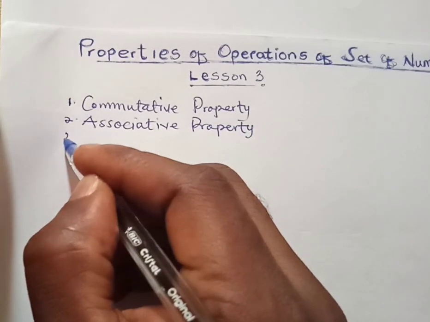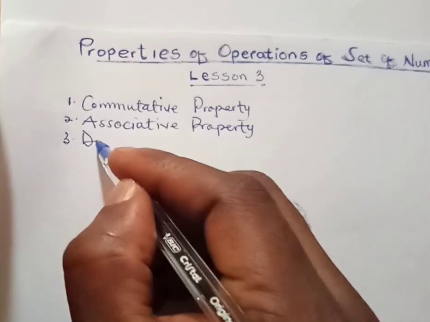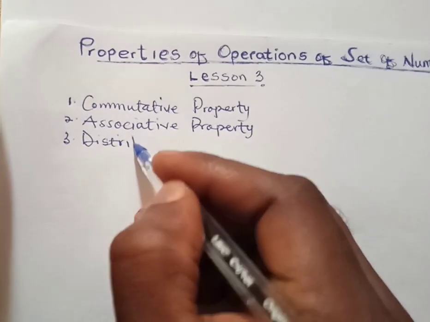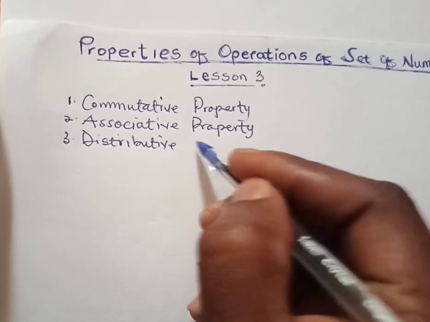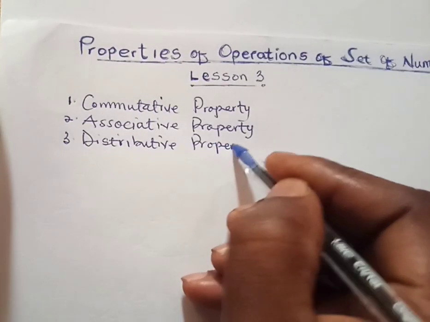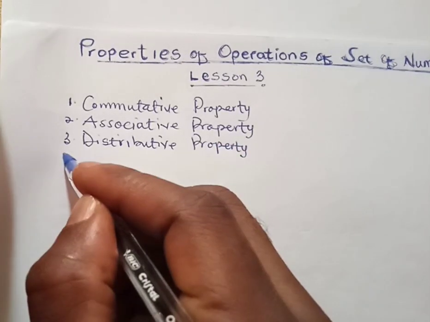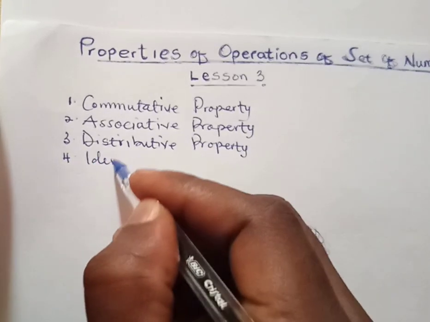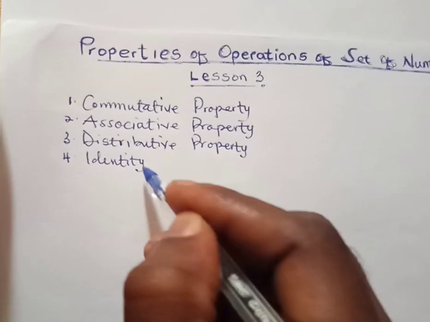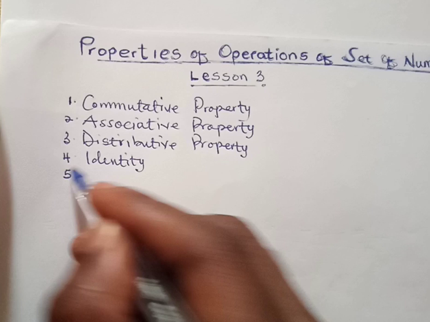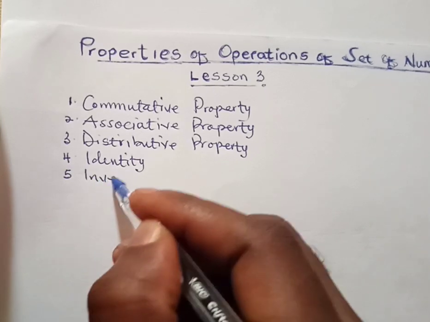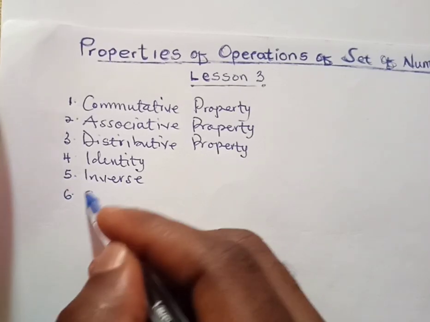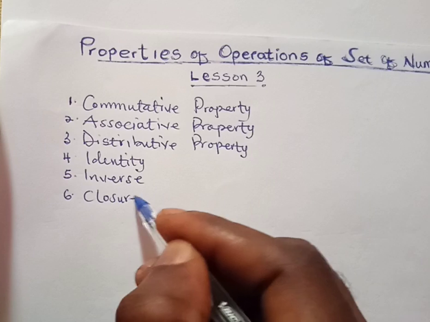Another one is the distributive property. We also have identity. Another one is inverse. And we can talk also about closure, the closure property.